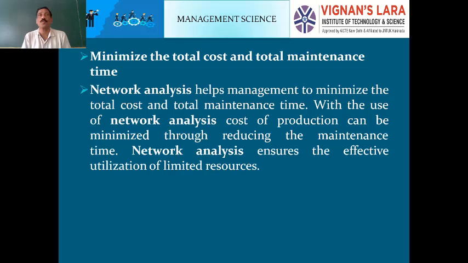Whenever you take such precautions, the total cost is minimized. During the delay time, you reduce the total cost of the project. Unnecessary maintenance cost is also prevented or stopped by the project manager.